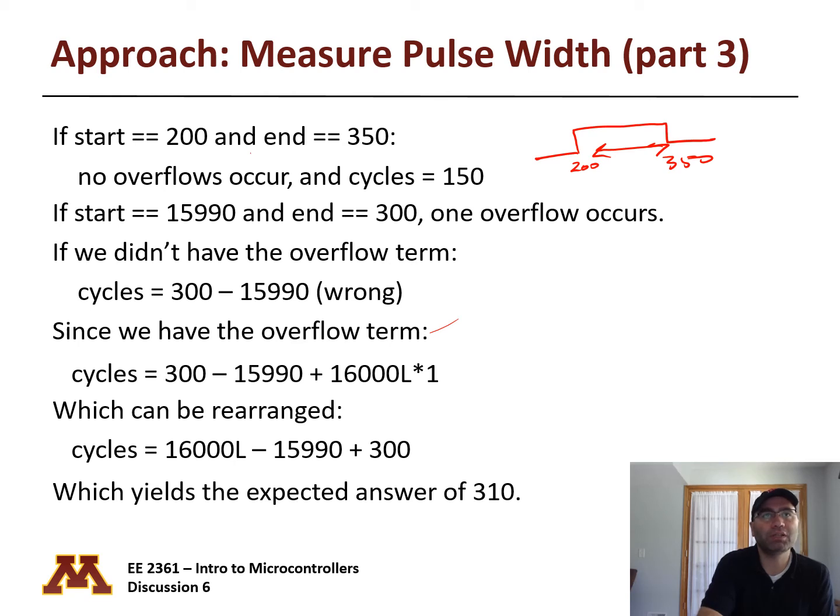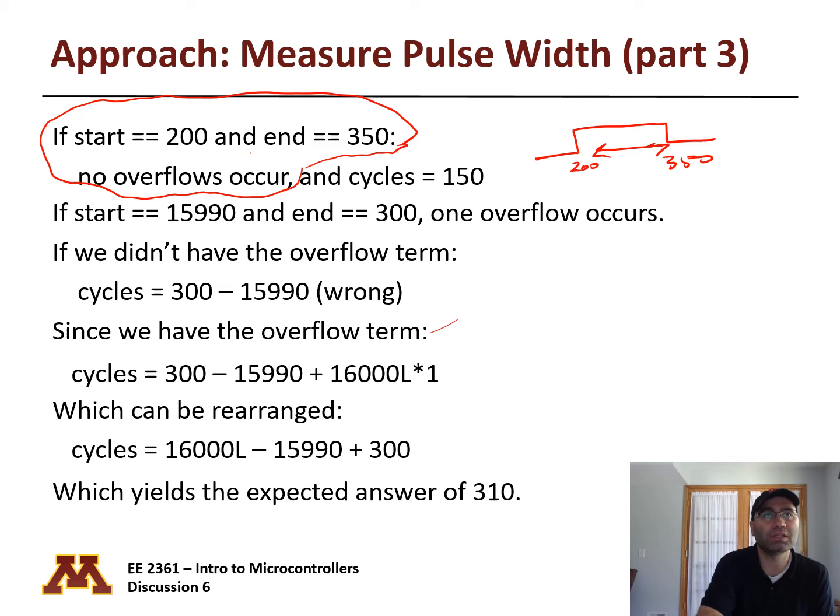If start is 15,990 and end is 300, one overflow happened. In the first problem, start is 200 and end is 350, no overflow happened, so the cycle is 150, obviously.